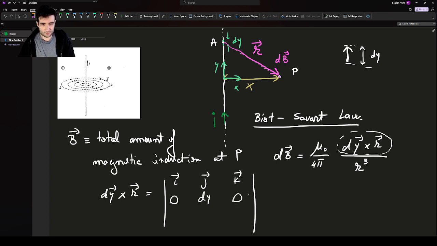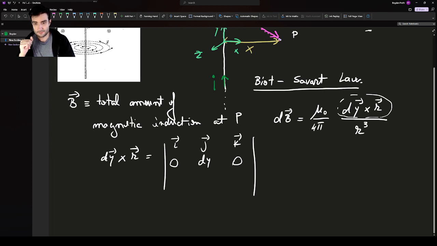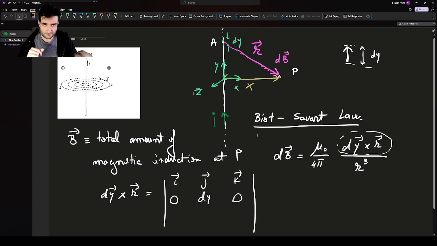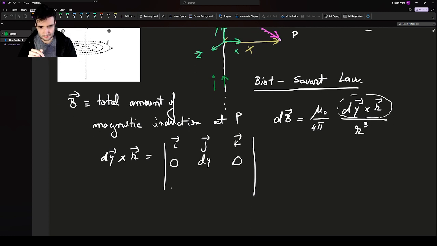And then it has no z component. The z component would be towards us, out of the screen. And then r is this vector in pink, whose x component is x. And remember, x is constant. This is going to be useful later.